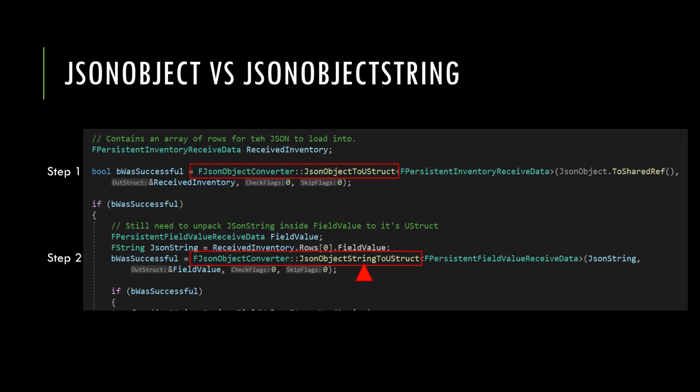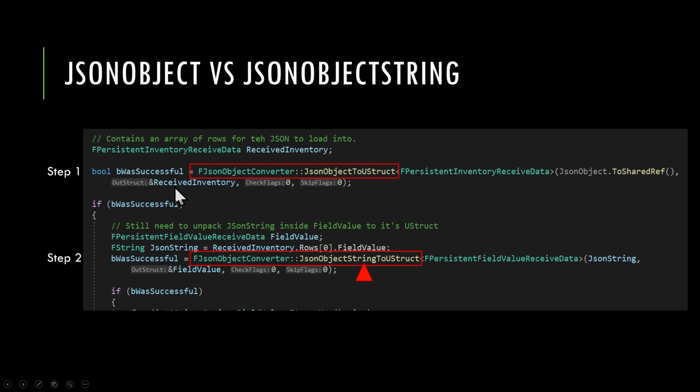The first step is I'm going to use a JSON object to struct, which is going to convert all of the data, but keeping the field values as a string. And so we're using the JSON object to UStruct, passing it in a type, passing in the JSON object that we have defined, and it'll return back to the received inventory struct the data upon success.